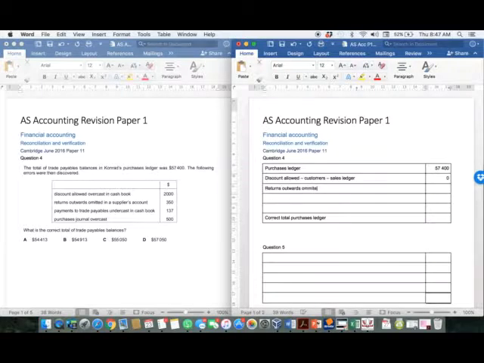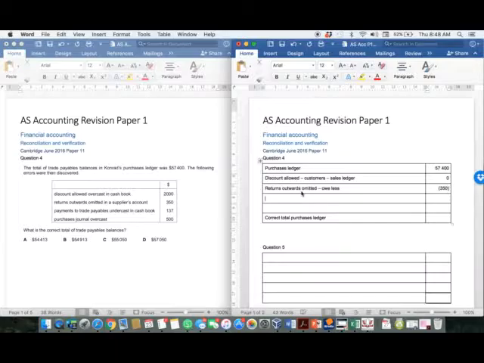So we are going to have to take into account the fact that, oh sorry, my spelling is atrocious, that if my returns outwards have been left out completely, what that means is that I actually owe my suppliers less money than what I thought. And so therefore I am going to have to subtract that 350 in order to get the answer that I am looking for.